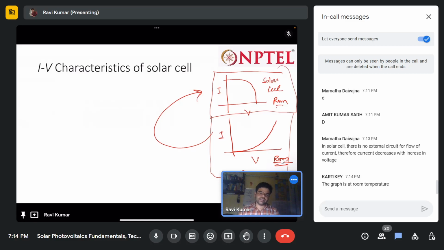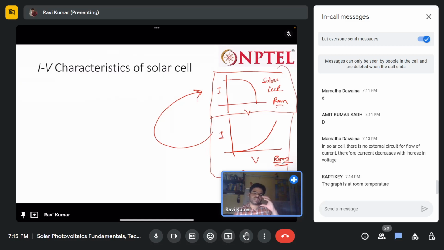Just try, think about a solar cell. Therefore, current decreases with increase in voltage. Mamta, I just want to ask one thing. How is voltage being controlled if there is no external circuit?